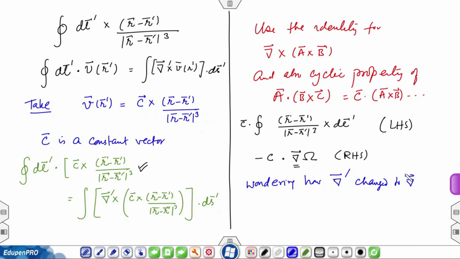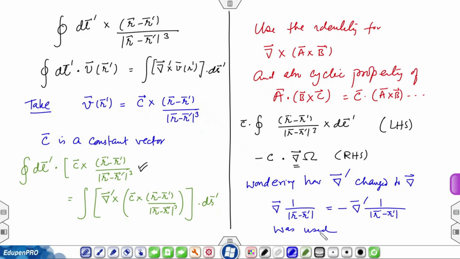For this, along the way I used this: grad of 1 over r minus r prime is equal to minus grad prime of 1 over r minus r prime was used. All right. So, this and higher order derivatives.